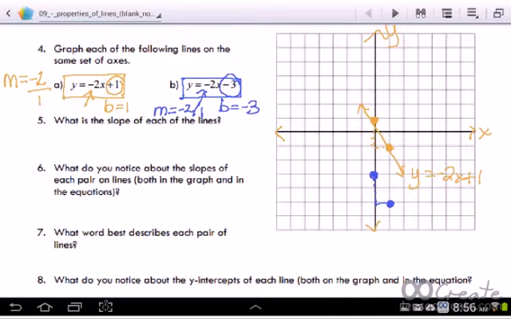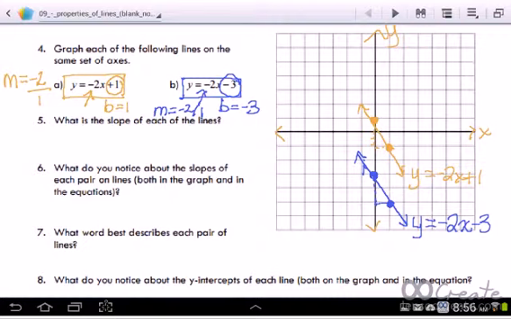Draw our second dot, connect the two dots, y equals -2x minus 3.